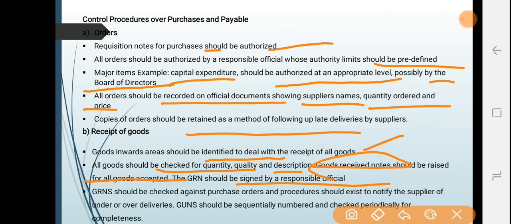GRNs should be checked against the purchase order, and a procedure should exist to notify the supplier of under or over deliveries. Then GRNs should be sequentially numbered and checked periodically for completeness.